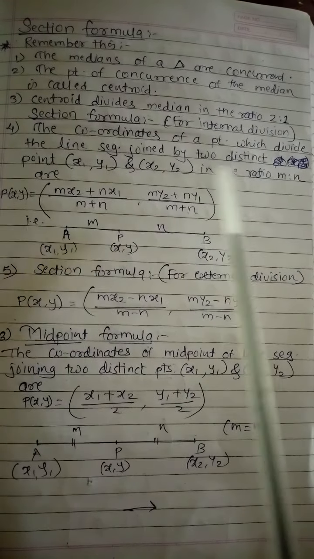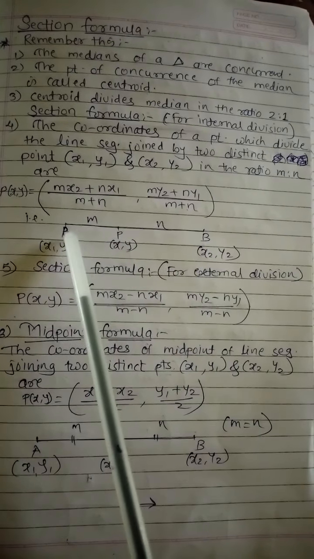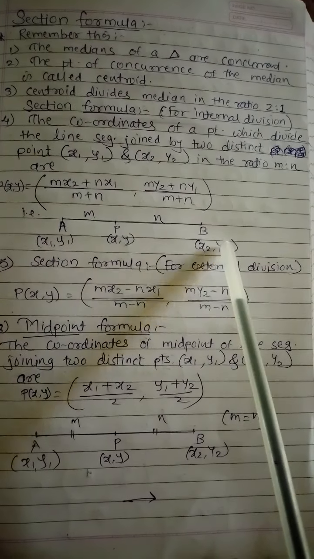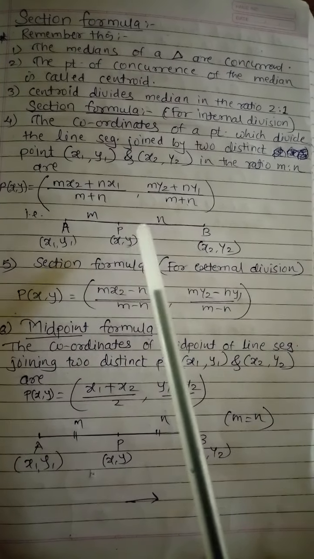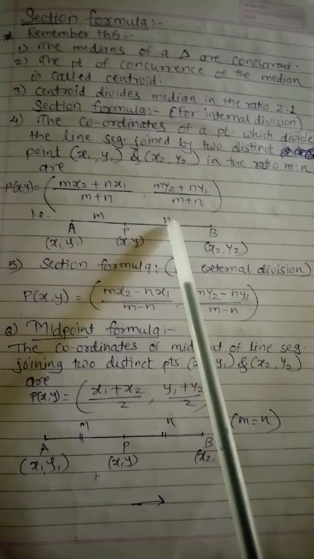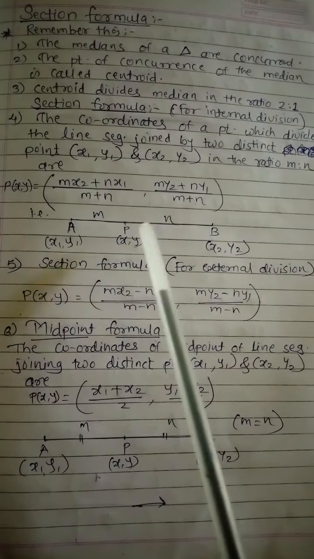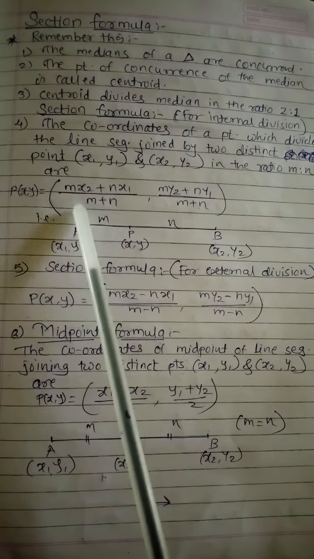This one we can easily solve by the figure. If we are given the two points A and B, having coordinates (x1, y1) and (x2, y2), and P divides this segment in the ratio m:n, then the coordinates of the point P we can easily find by the section formula given here.